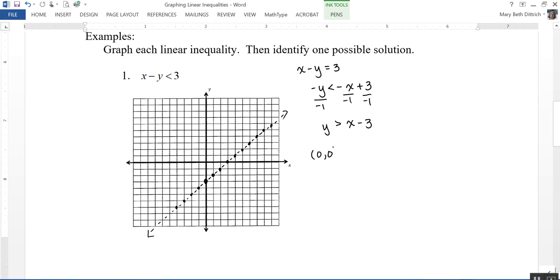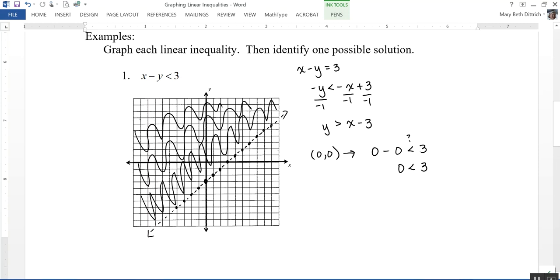Testing the point 0, 0, I go back to my original inequality: is 0 minus 0 less than 3? When I put 0 in for x and 0 in for y, is 0 less than 3? Indeed it is. So the half plane that contains the point 0, 0 is the solution, and I would shade this whole side of that line.